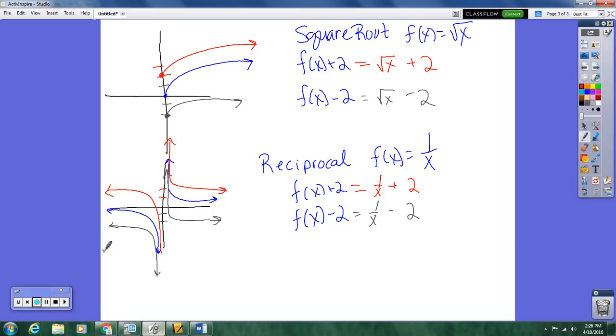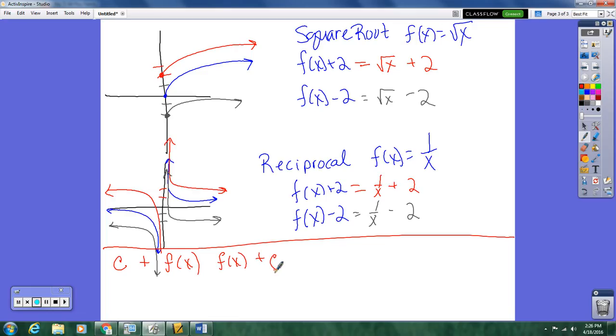So that generalization at the bottom, when c is added to the f of x, meaning it's on the outside of it, or you could think of it like this, f of x plus c, or f of x minus c is outside of the parentheses, what happens to it? This is giving me a generalization statement.